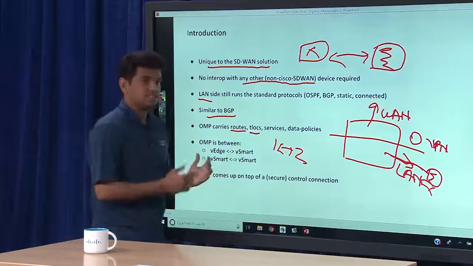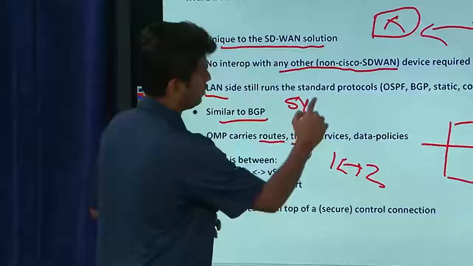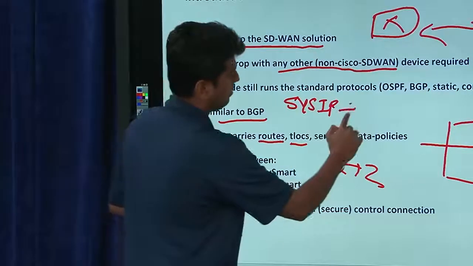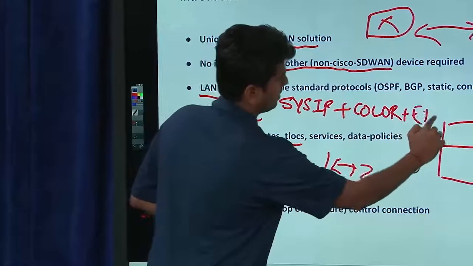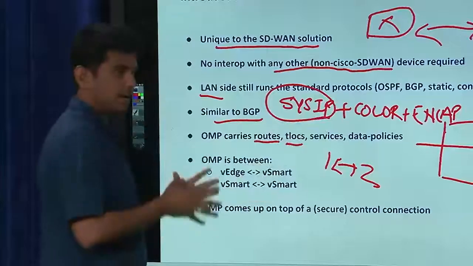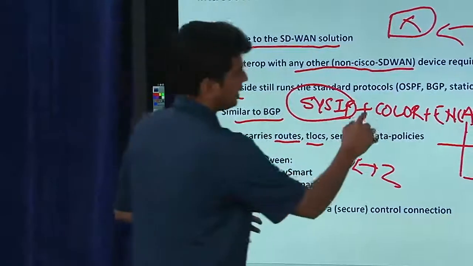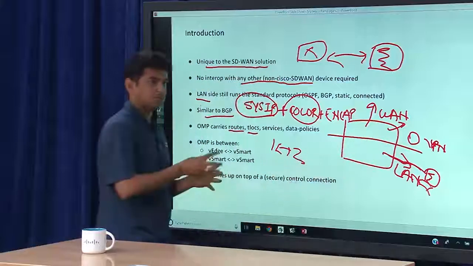How do you advertise TLOCs? A TLOC, you all might be familiar, is a combination of system IP plus color plus the encap. System IP, we all know, uniquely identifies a device per se. A color uniquely identifies a WAN interface, to be precise.